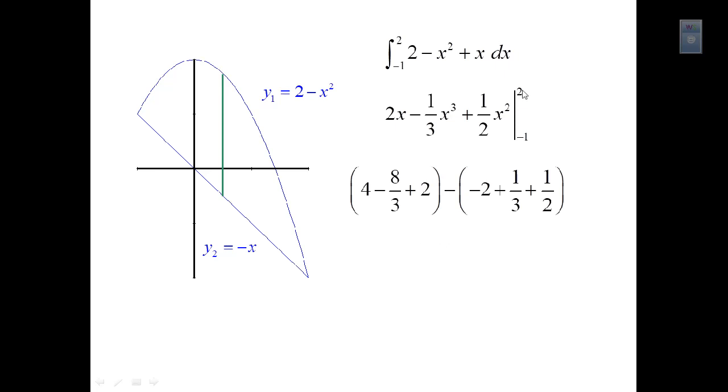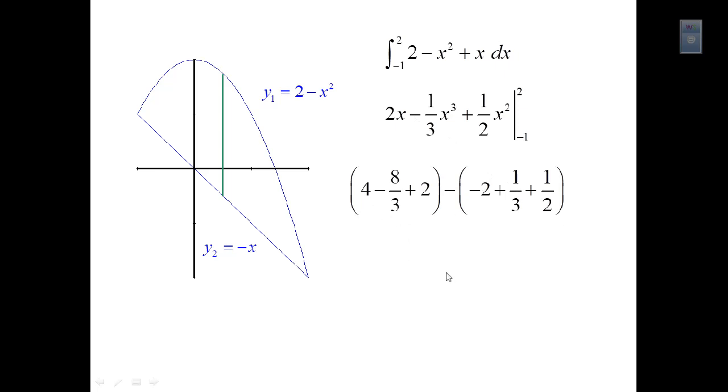So plugging in the 2, we're going to get 4 minus 8/3 plus 4 halves, which is 2. Minus, plugging in the -1, we're going to have -2 plus 1/3 plus 1/2. When we square the -1, it ends up making this a +1. When we cube the -1, it gives us a -1, times this one makes that a plus.